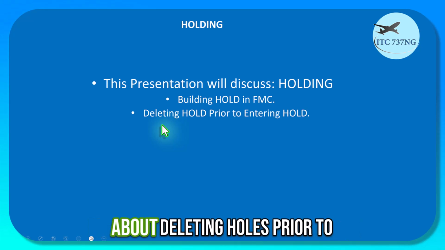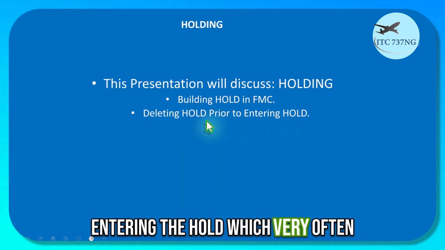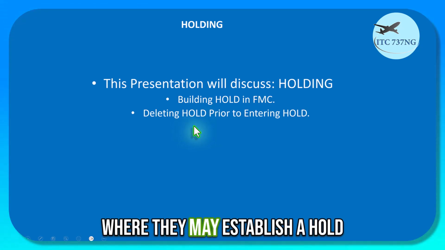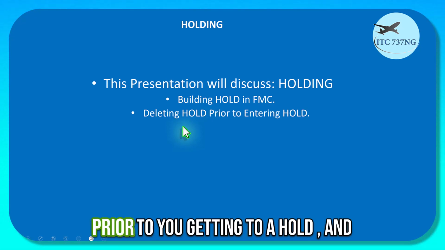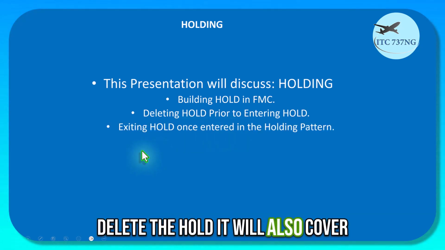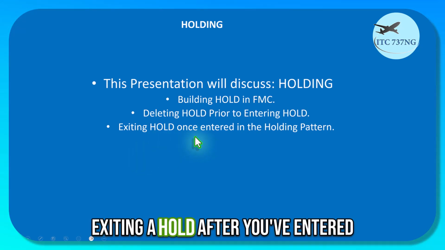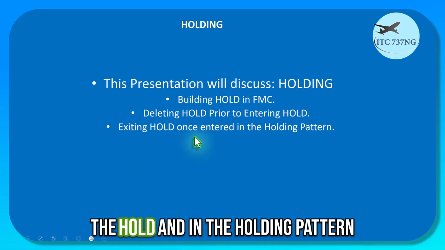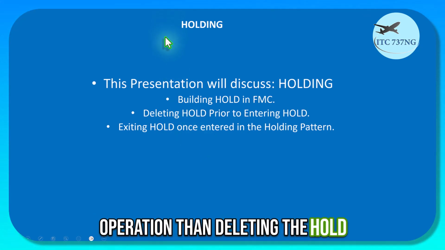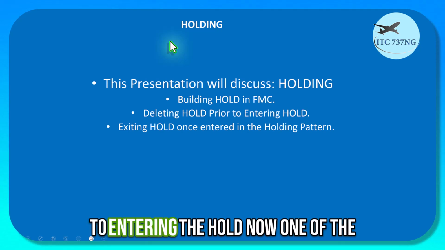We'll talk about deleting holds prior to entering a hold, which very often happens in the ATC environment, where they may establish a hold prior to you getting to a hold, and then conditions change and they delete the hold. And we'll also cover exiting a hold after you've entered the hold and in the holding pattern. That is a separate and different operation than deleting the hold prior to entering the hold.